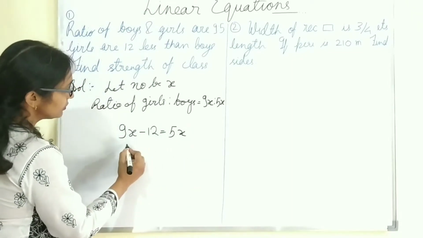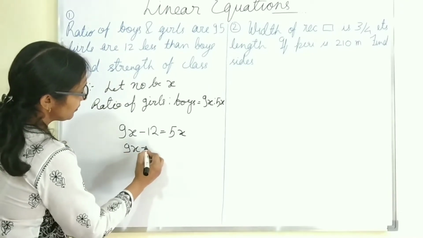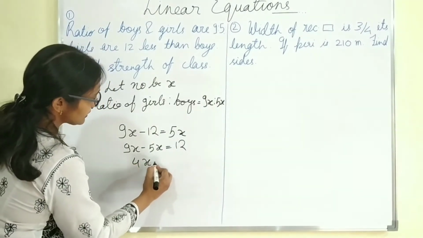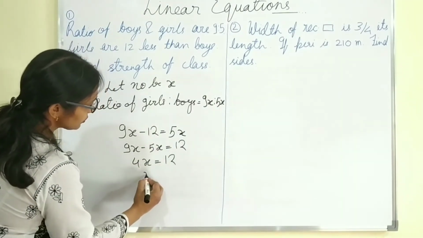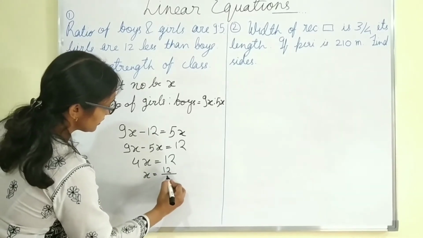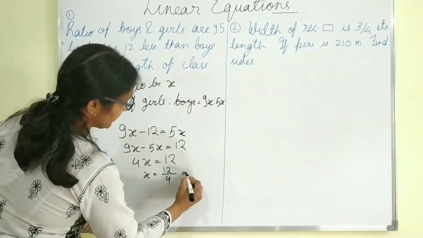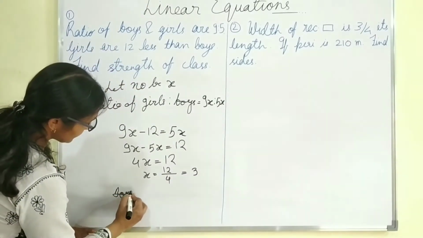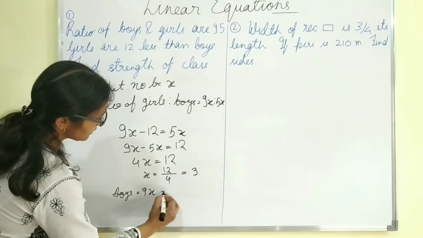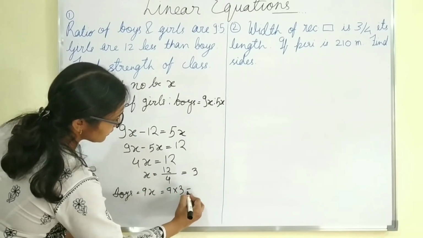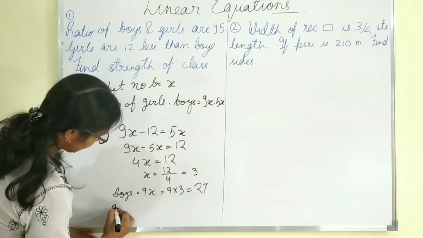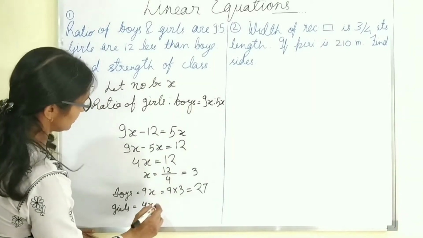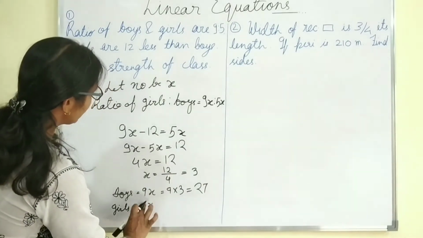So 9x minus 5x equals 12. So 4x equals 12. So the value of x will be 3. So boys are 9x, 9 into 3, 9 threes are 27, and girls are 5x.